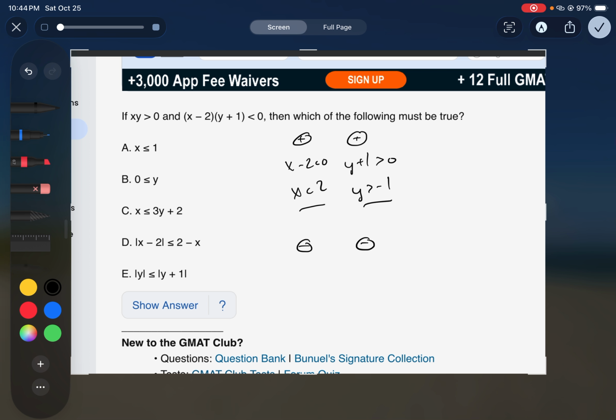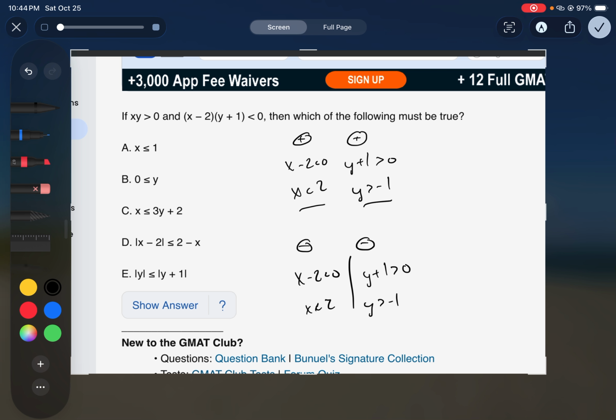A negative number minus 2 is even more negative. So that means x minus 2 is negative and y plus 1 is positive, because one of these needs to be positive and one of these needs to be negative. Okay, so very similar. We get x is less than 2, y is greater than negative 1. Same thing, so it's really not that bad.